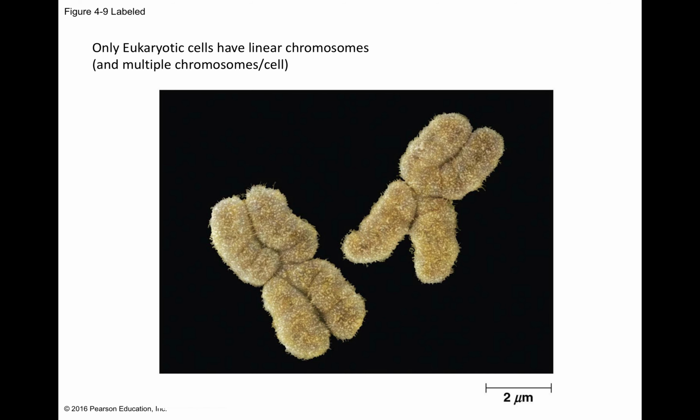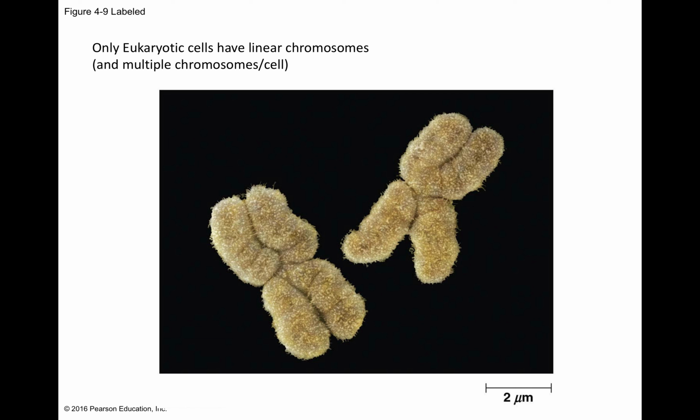One characteristic of eukaryotic cells is that they have linear chromosomes. There are some exceptions of this in some archaeans, but in general, archaeans have circular chromosomes and eukaryotic cells have linear chromosomes.